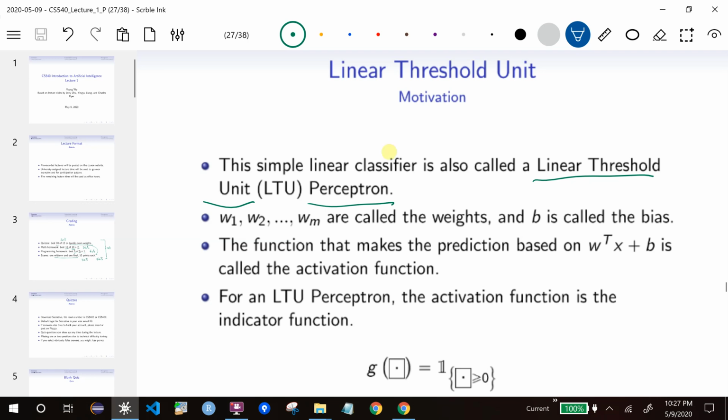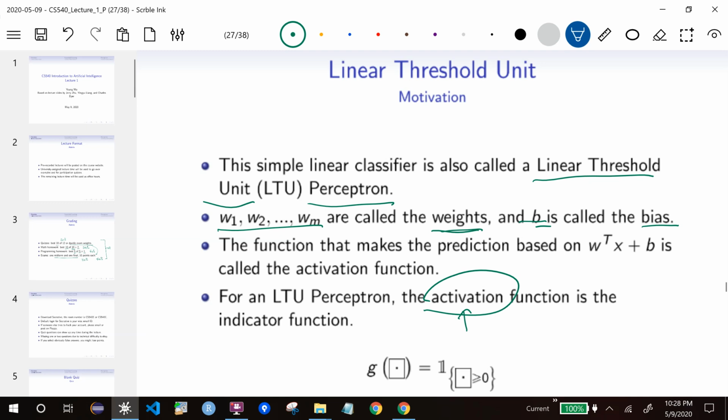As I said, these things are called weights, and the b is still b because it represents bias. So weights and bias. Sometimes I call all of these weights, so b is just a special weight. There's another terminology related to neural networks, the activation function. Again, wait until next week to see why it's called that.